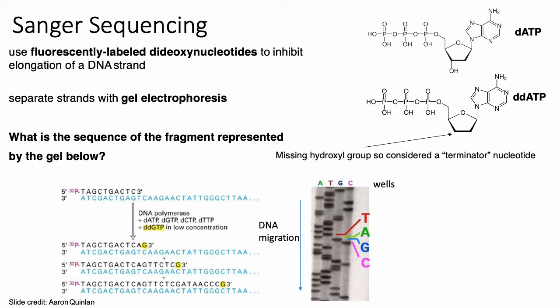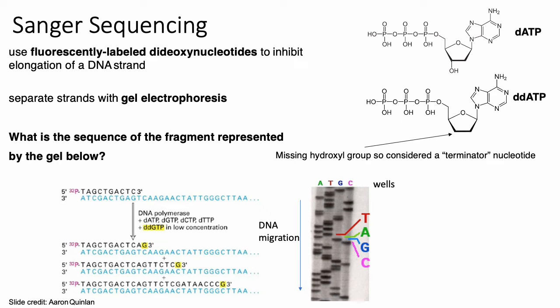After the annealing of the primer happens, DNA polymerase will start elongating that primer using the standard deoxynucleotides. But as soon as one of the dideoxynucleotides gets incorporated, elongation will stop because the dideoxynucleotides lack a 3' hydroxyl group that you typically need to chain 2 nucleotides together.